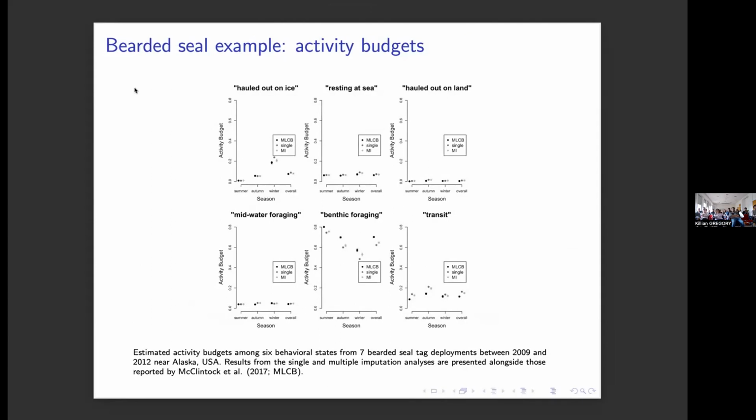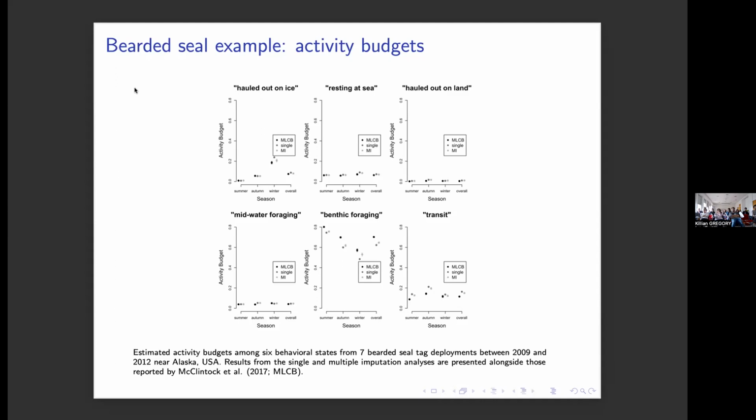This is a figure from a paper comparing what you get when you do multiple imputation, which here is MI. MLCB is the full, like the 3-week Bayesian version. Singles is when you do a single imputation based on the best track, and this relates to your question about what if it's a straight line, that's kind of what that approach is.